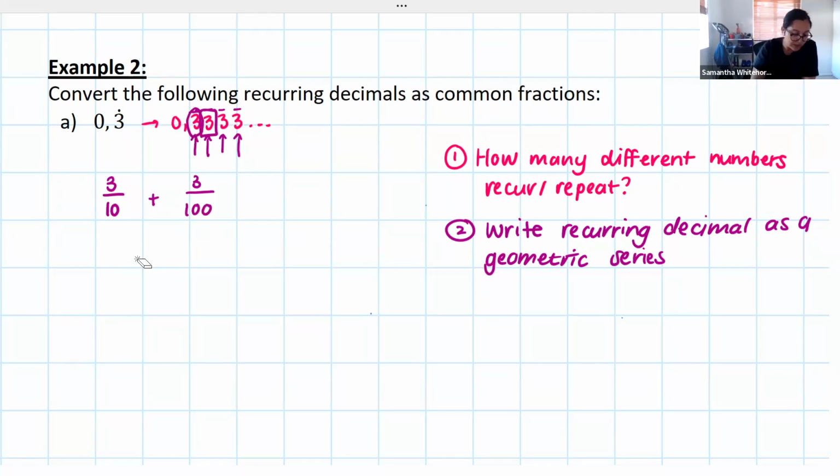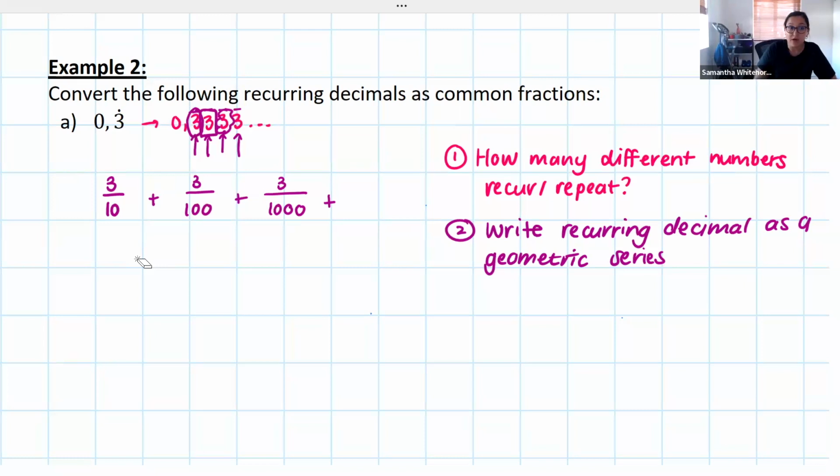If I move on to the next one, this is now in the 1000th position. So plus 3/1000. I'm not going to keep going because we don't need more than 3 terms. But essentially, we are creating a series from our recurring decimal, bearing in mind where its placeholder is. Is it in the tenths, the hundredths, the thousands, the 100,000s, etc.